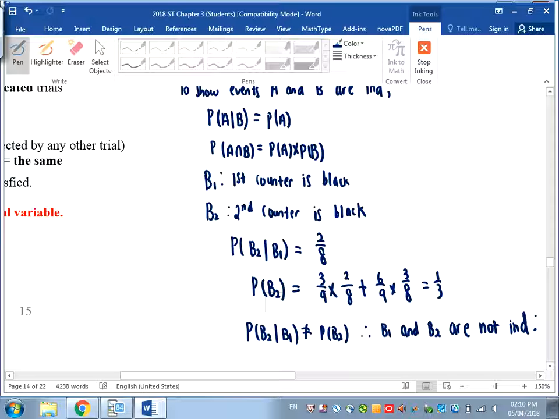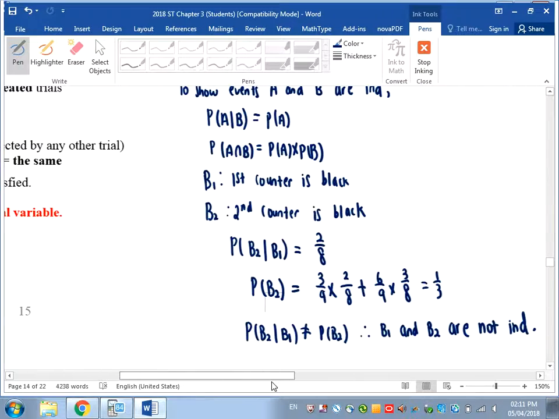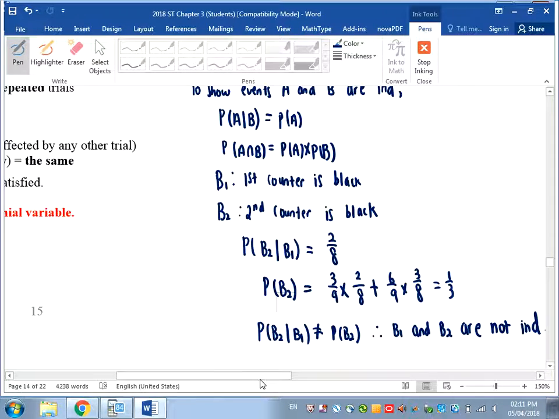Okay, so we have just proven that in this experiment, selecting a black ball is actually not independent. That means the first ball, if I select a black one, will actually affect the chance of my second ball being black. So in this case, we say that this is not a binomial random variable. Notice just now in the first experiment, the trials are actually independent.